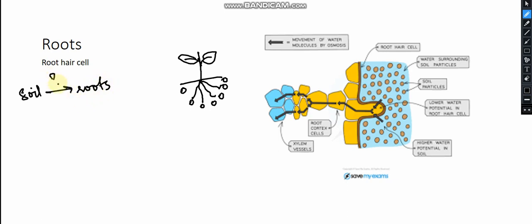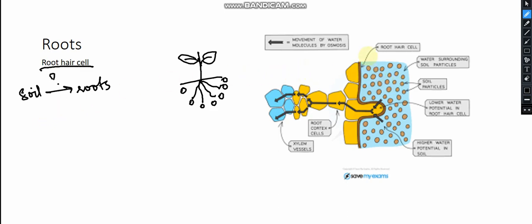But one thing we are missing in this path holds a lot of importance. And what is it? It is the root hair cell. The roots have such an adaptation that they absorb so much water that it can fulfill the needs of a plant.